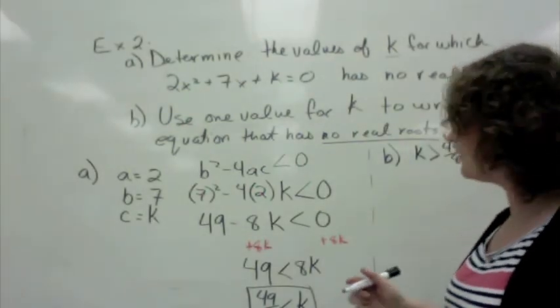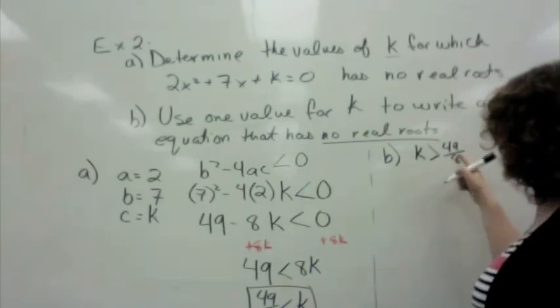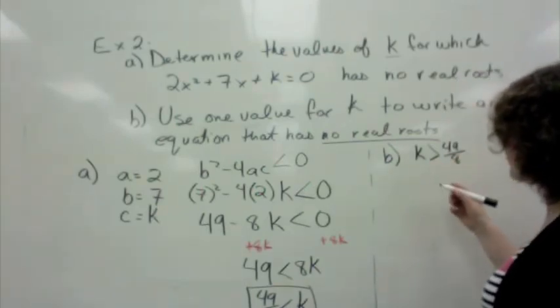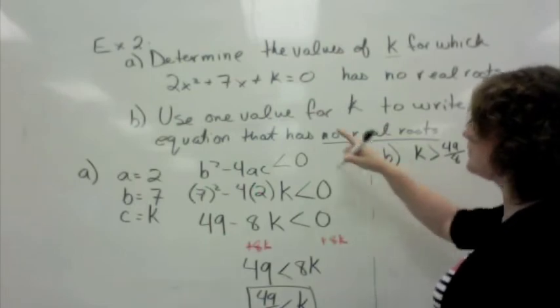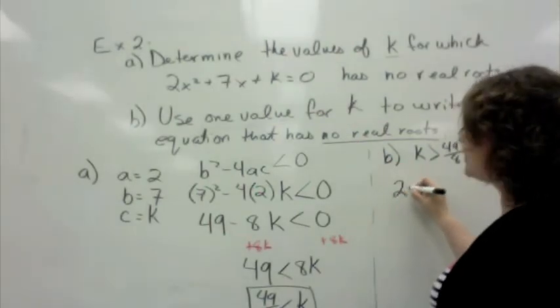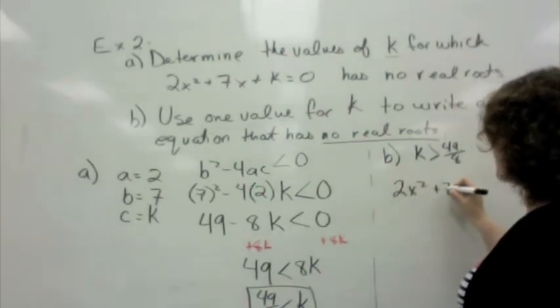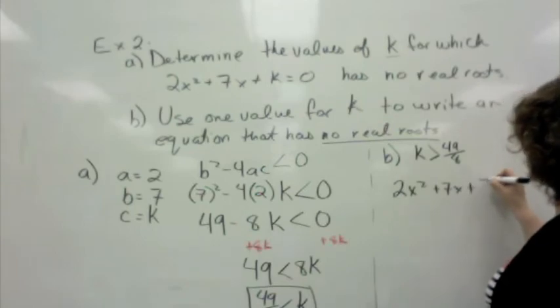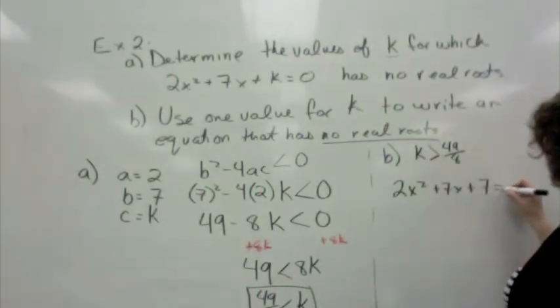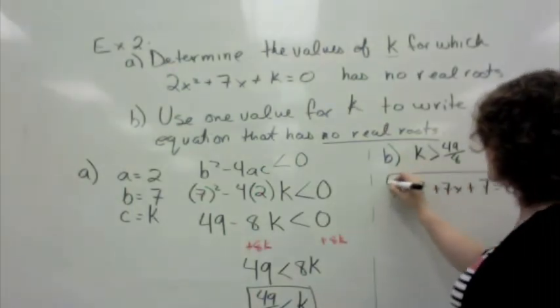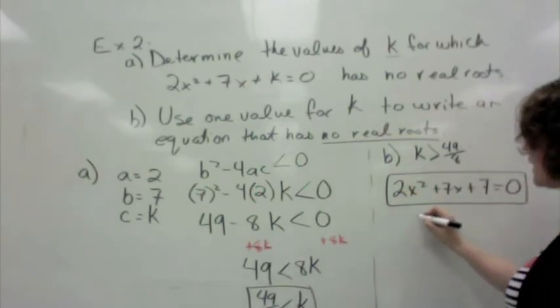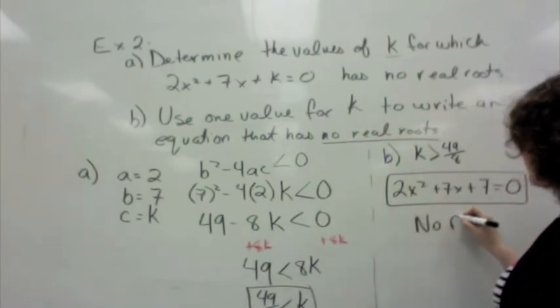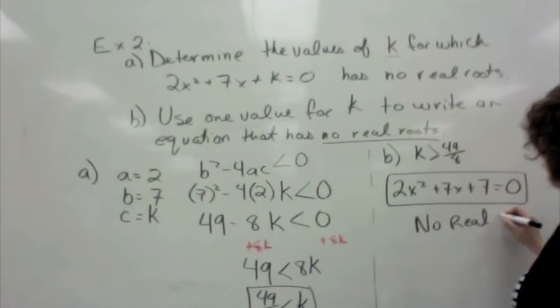How about we just pick 7? So 7 is greater than 49 over 8. So if I were to put 7 in for k, so 2x squared plus 7x plus 7 equals 0, I know that I have an equation that has no real roots.